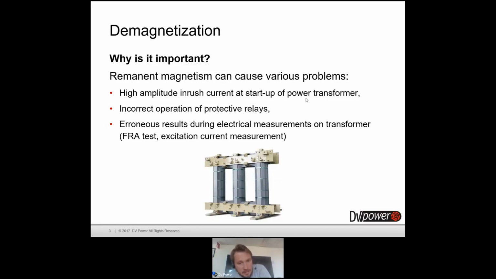If your transformer is magnetized, it will significantly influence your results. Basically, you will get totally wrong results.